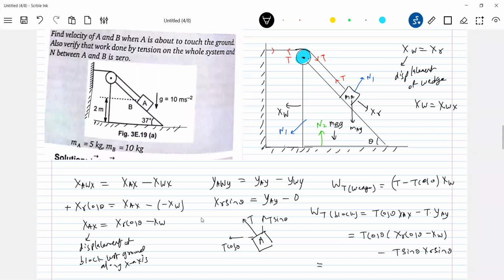Is that condition okay? The displacement we have taken here is towards right, no? Let me do one thing here. The block is moving, no? So this should be negative.